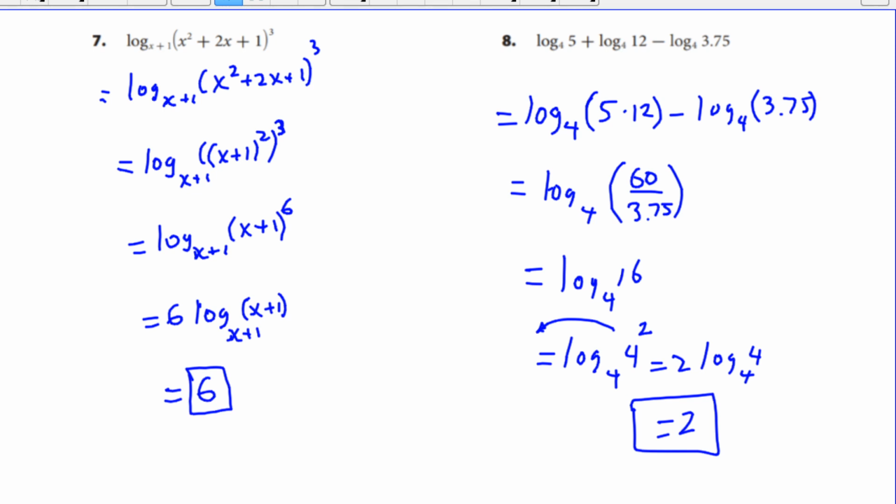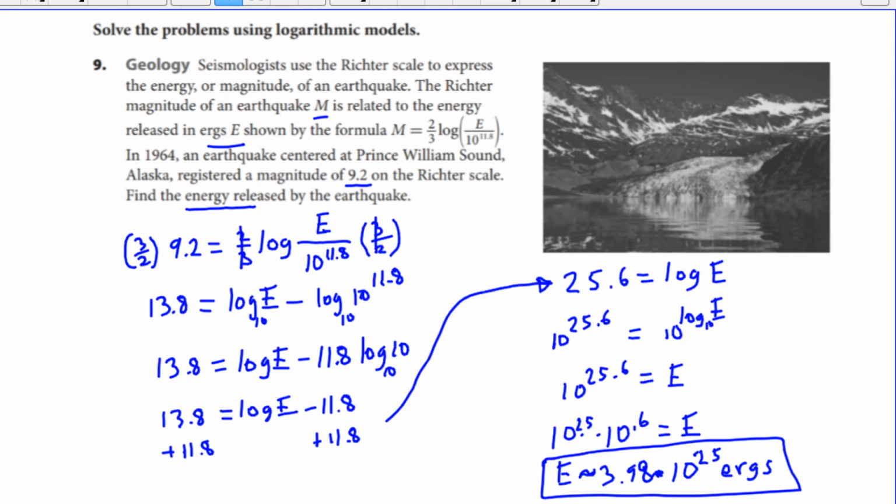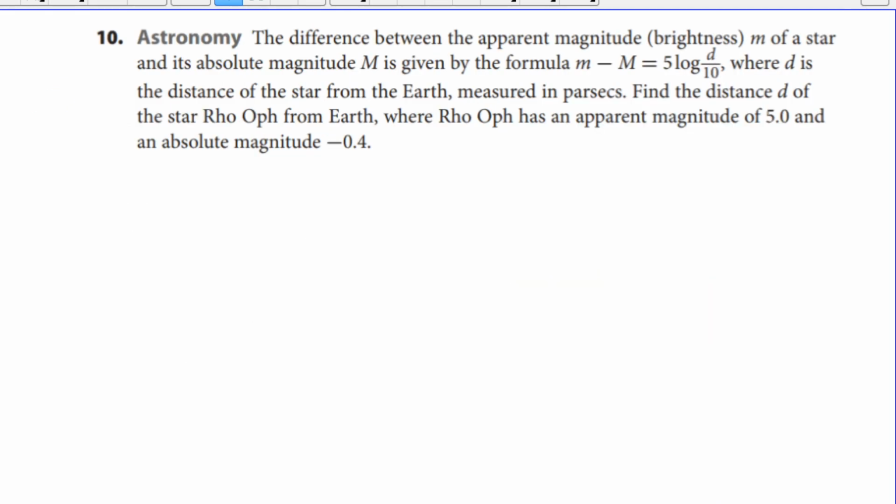Okay, let's go ahead to number 10. Number 10, we got the difference between the apparent magnitude or brightness m of a star and its absolute magnitude is given by this formula. Little m minus big M equals 5 times log of d over 10, where d is the distance of the star from the Earth, and this is the star rho.